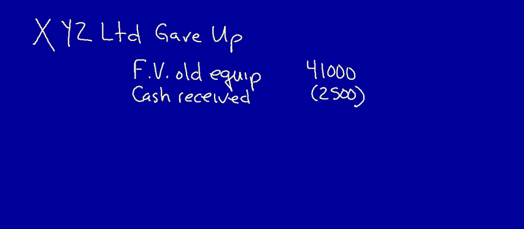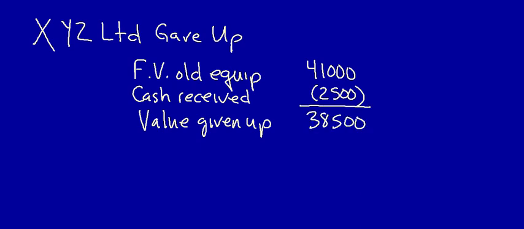Why do we deduct the cash received? Because the cash received reduces the amount that we gave up. We didn't have to give up a whole $41,000 because we got $2,500, which reduced some of the value that we had to give up. Total value of what we gave up, $38,500.